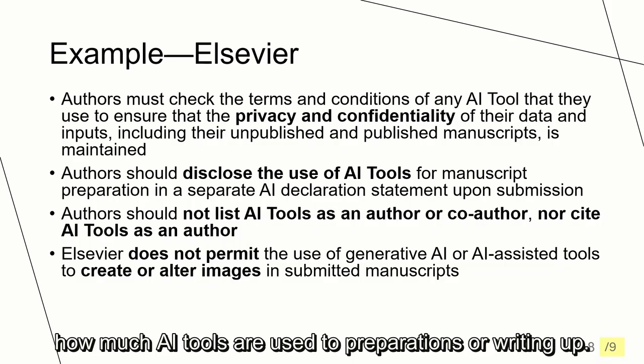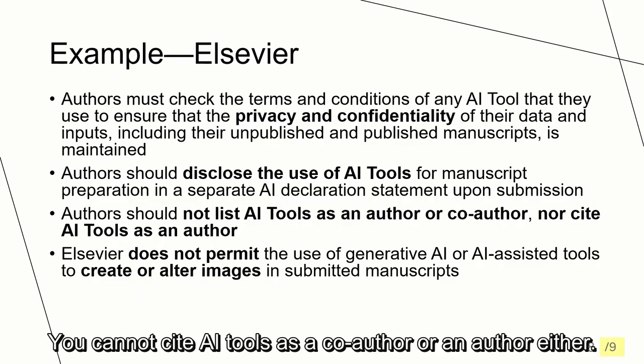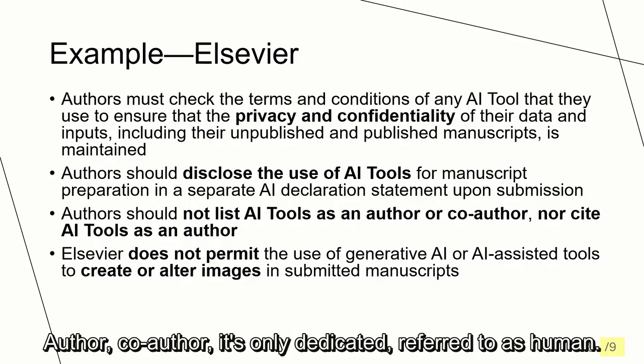How much AI tools were used in preparation or writing up. You don't want to use AI too much, and you also cannot list AI tools as a co-author. You cannot cite AI tools as co-author or an author either, because AI is not human. Author, co-author, it only refers to a human.